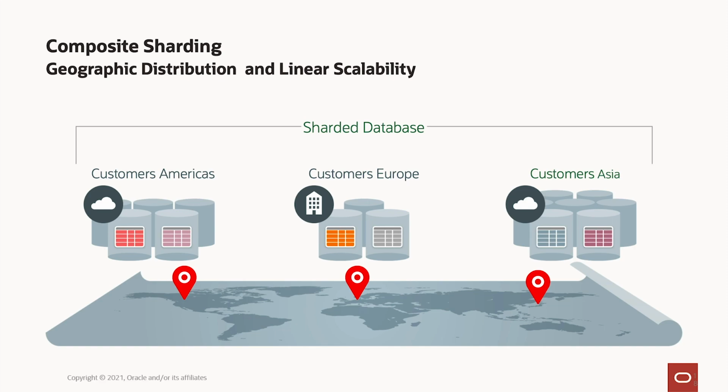So for example, I could say that if a customer's country of residence is somewhere in North America, which is United States, Canada, Mexico, put them in a data center in US like Phoenix. Or if the customer's country of residence is somewhere in Europe like Germany, France, Belgium, put them in a data center in Frankfurt.